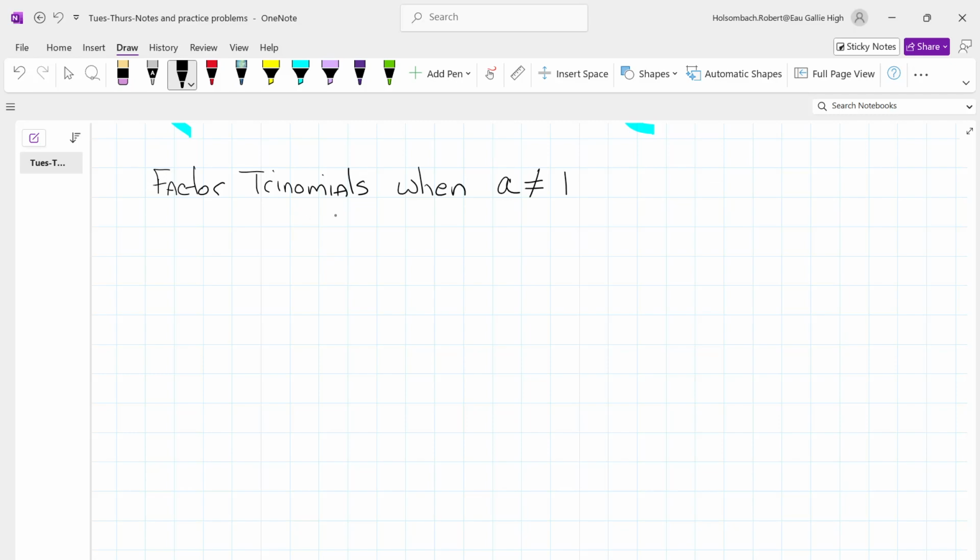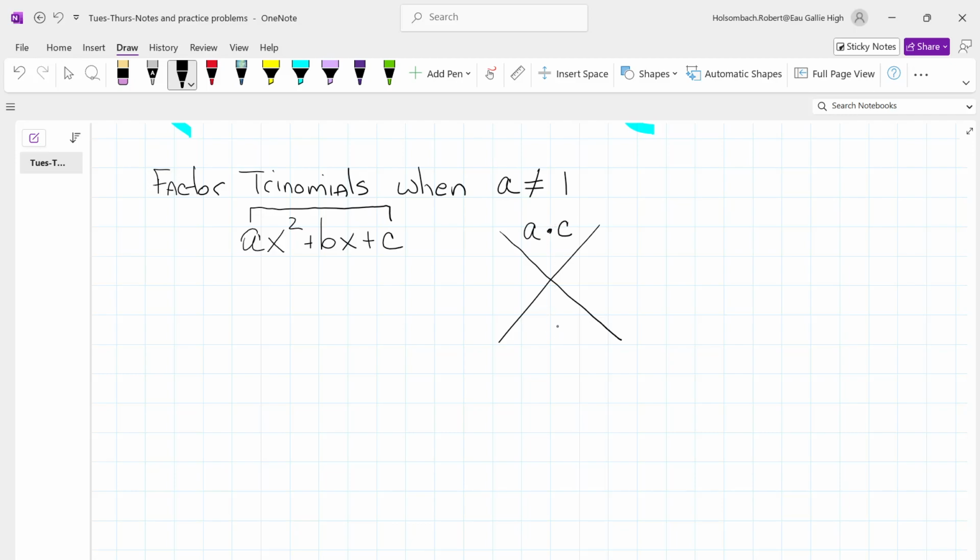So remember, we're talking about trinomials in the form of ax squared plus bx plus c. Now, when we draw our x today, what's going to go up in the top of the x is a times c. Whatever a times c is equal to will go up in the top of this x.